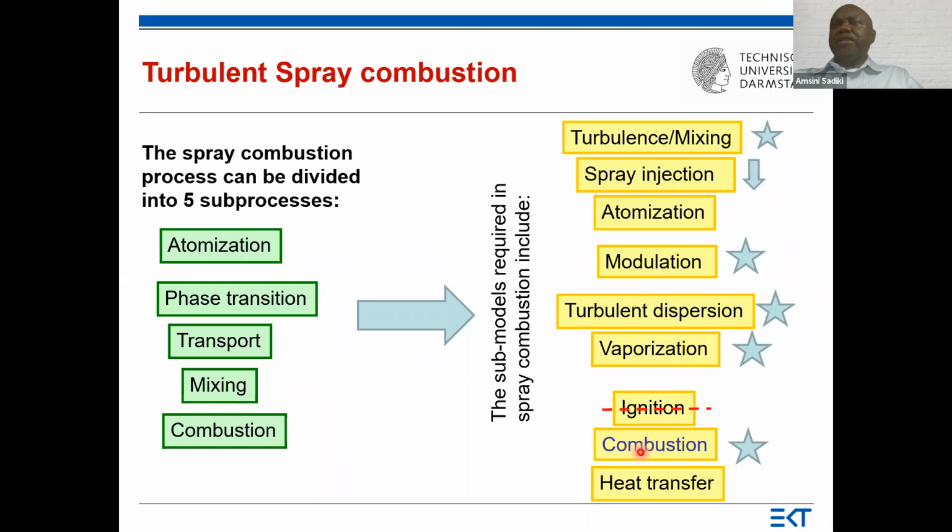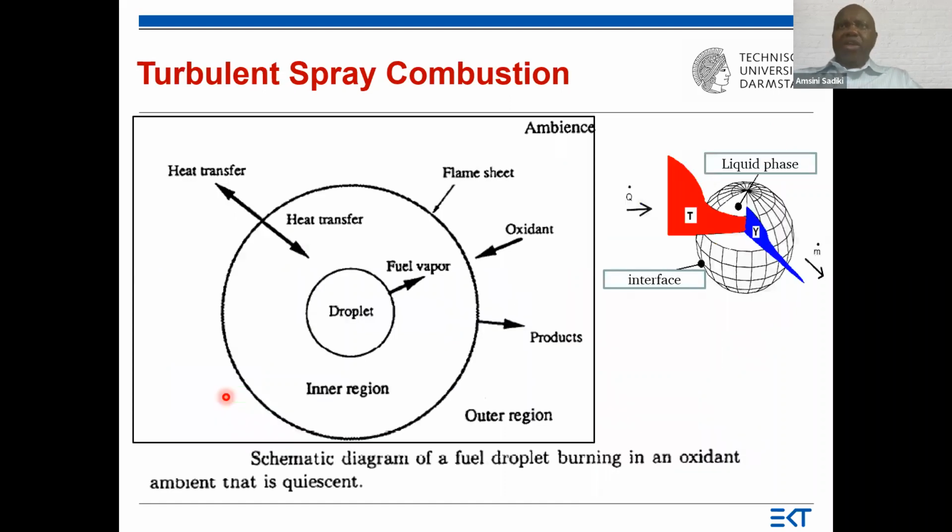Now we have to add combustion and heat transfer if necessary to describe all these five sub-processes I introduced at the beginning: atomization, phase transition, transport, mixing, and combustion. So we have this picture. It is exactly this one. It is a 2D representation of our 3D.